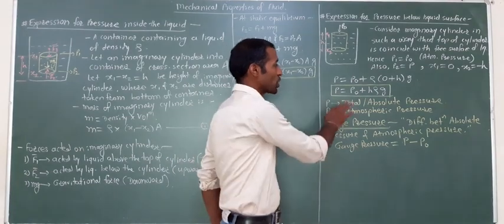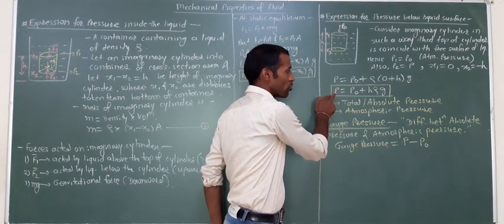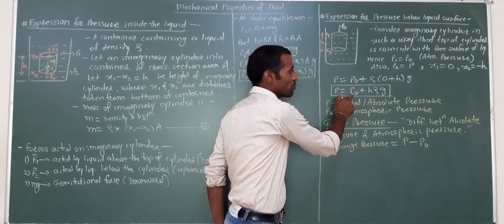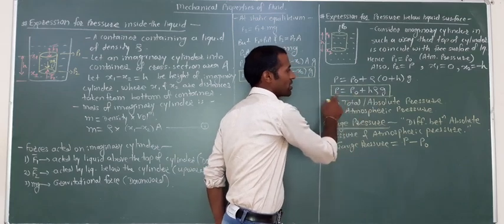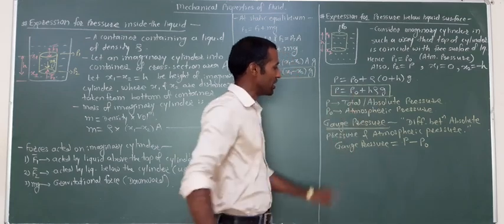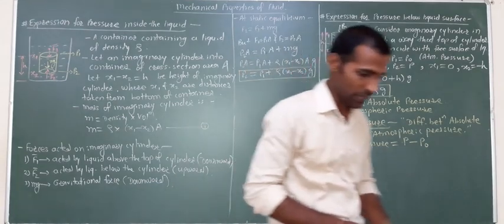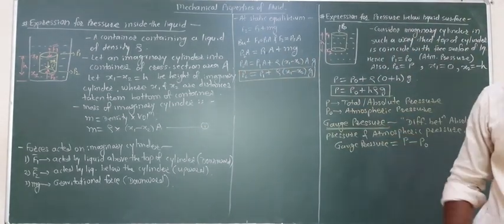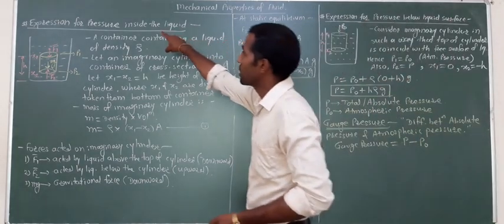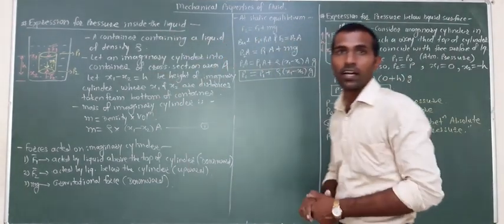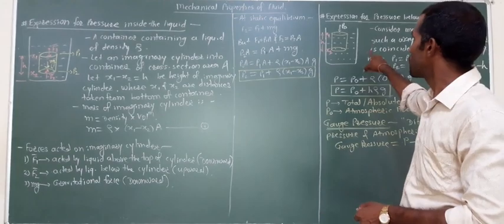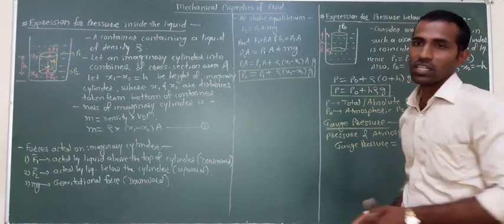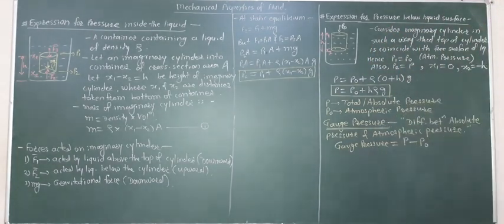In this equation we got the pressures: absolute pressure and atmospheric pressure, and if we take the difference between these two, it is nothing but gauge pressure. We have calculated two expressions for pressures. First, pressure inside the liquid, and second, pressure below the liquid surface.